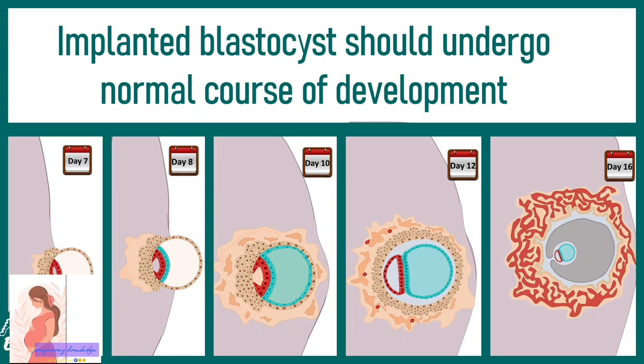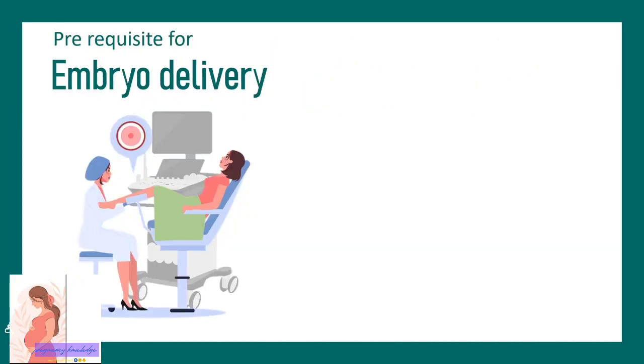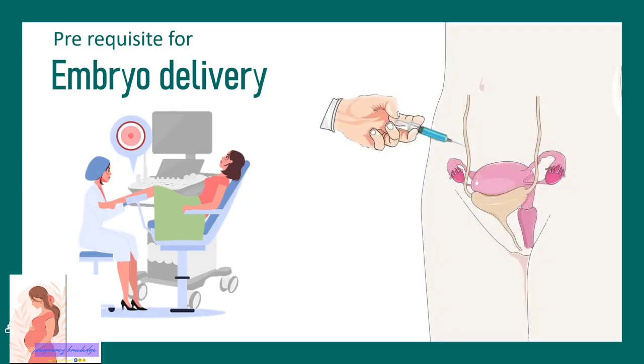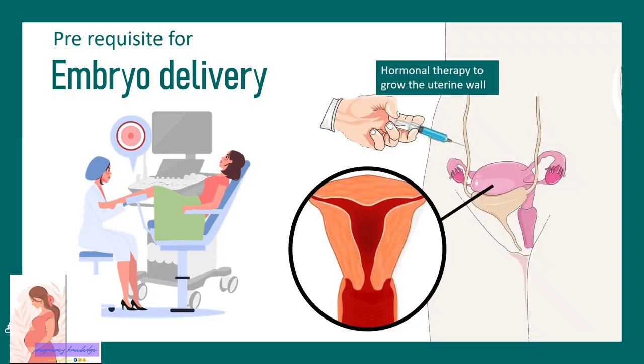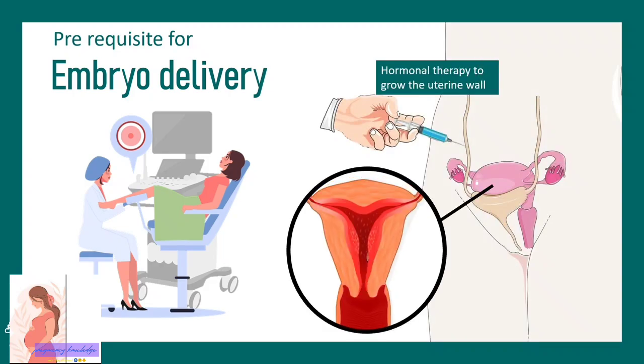If you don't know what the normal stage of development is, you can watch the video in the I button. In order to ensure that the uterine wall is thick enough to support implantation, specific injections are provided that thicken the endometrial lining, and a thick endometrial lining can support the implanted embryo.